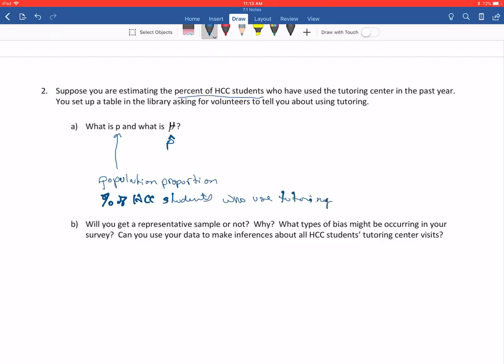I can't really know that for sure. I probably cannot ask every single Heartland student. So instead, I take a sample, and the number that I get back from that will be the percent. This is the sample proportion, P hat. And that will be the percent of the sample who have used tutoring.